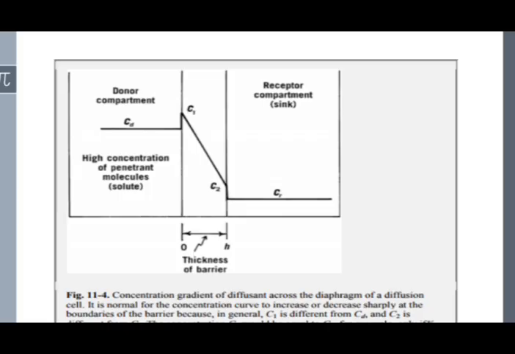In this diagram, we can see the concentration gradient of diffusion across the diaphragm of the diffusion cell. It is normal for the concentration curve to increase and decrease sharply at the boundaries of the barrier because, in general, C1 is different from CD and C2 is different from CR.